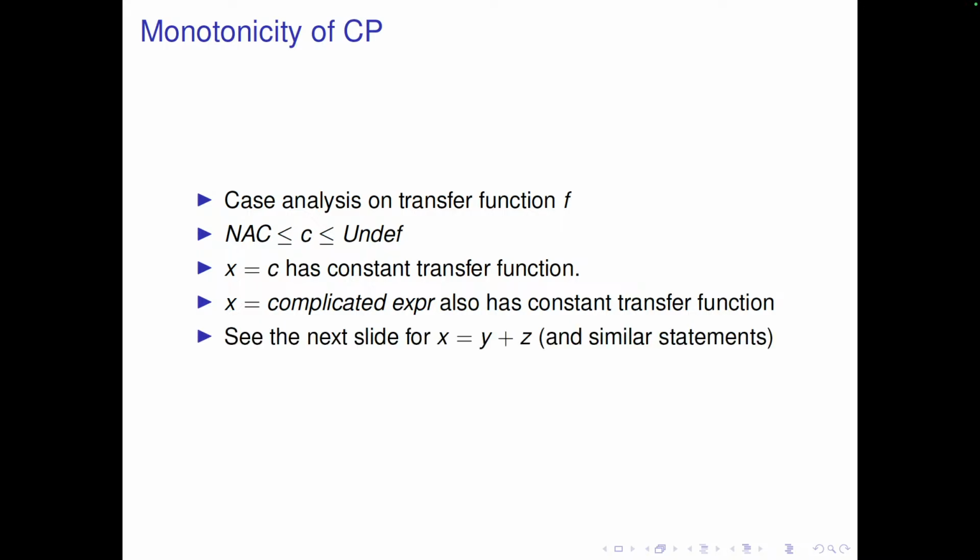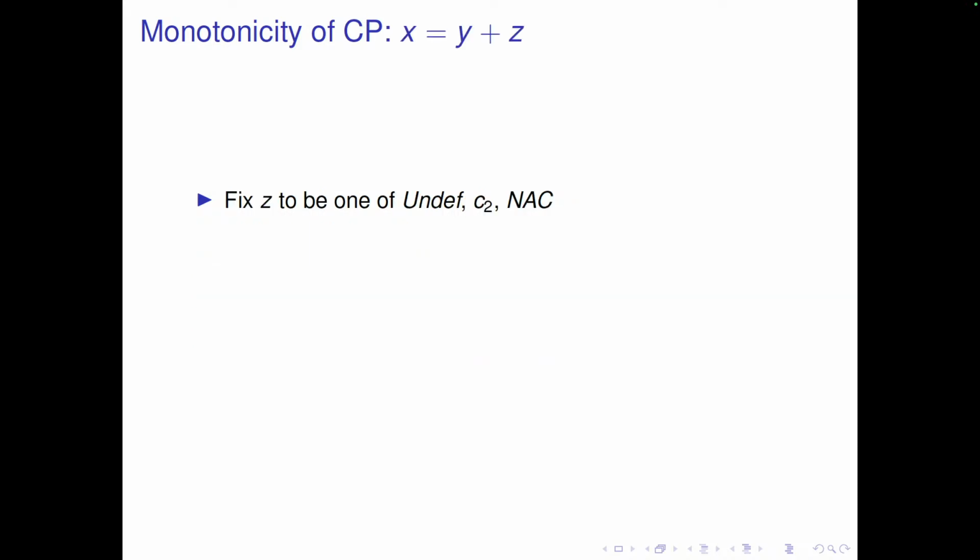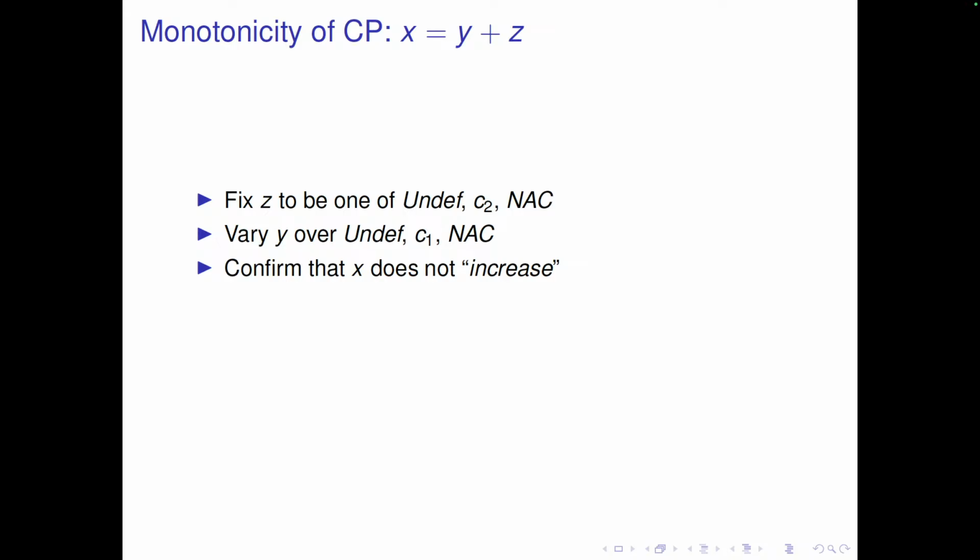What about the third case? The third case is a little bit more involved. You have to fix one variable to one of the values and change the other variable from one direction to the other, and show that the result also changes in the same direction. So confirm that x does not increase, it always goes down. So do this for all z choices.